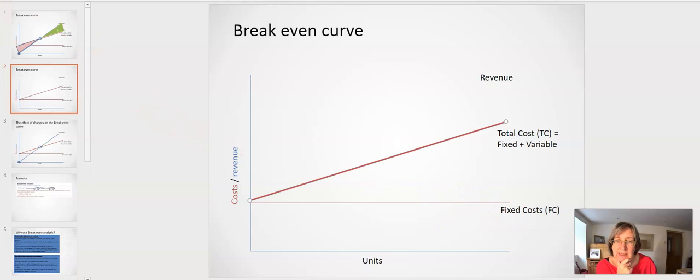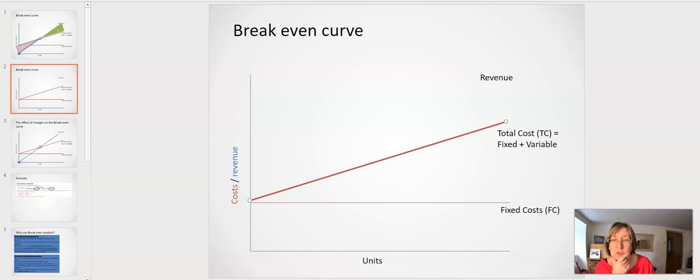Then we build onto that the variable costs resting on top of the fixed costs, and therefore they form this diagonal line starting from the point of fixed costs.